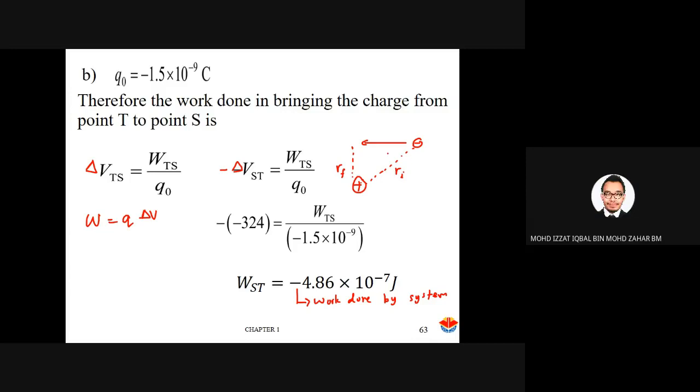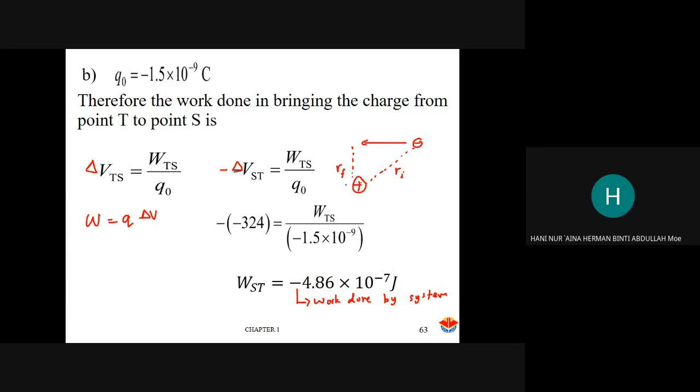Satu ni jauh, satu ni dekat. So kamu nak dekatkan negative charge dengan positive charge. So kamu perlu tak apply work. Kamu perlu tak apply force untuk dekatkan charge yang opposite charge.